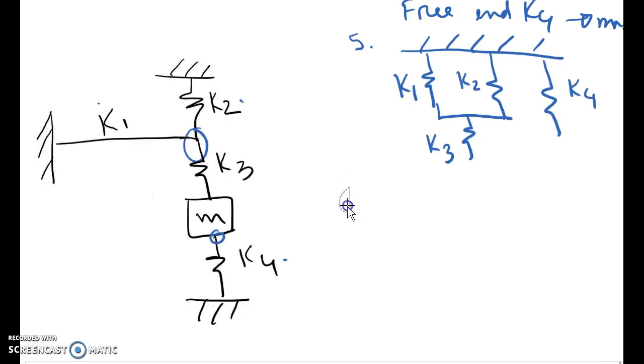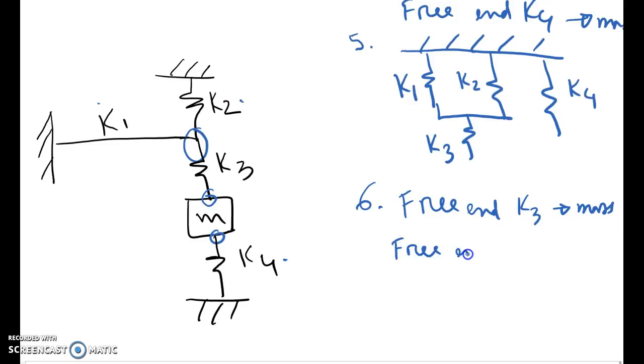In step 6, repeat step 4 and 5 until all the remaining free ends to be attached to the mass. So, again, free end of K3 is attached to the mass. You can see from here, free end of K4 is attached to the mass.